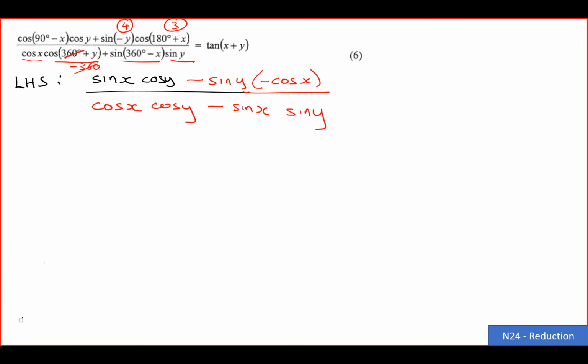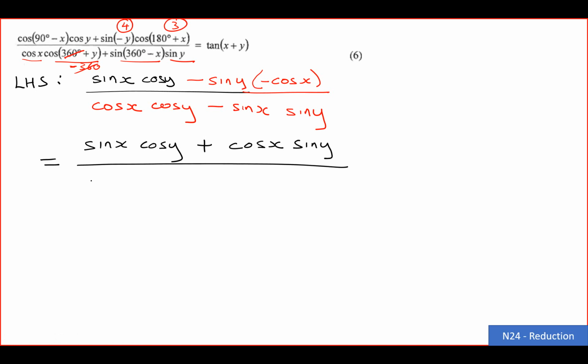So we're going to try and simplify that. On the top we've got sine x cos y plus cos x sine y, all over, in the bottom, cos x cos y minus sine x sine y. So we're now going to use the compound angle.